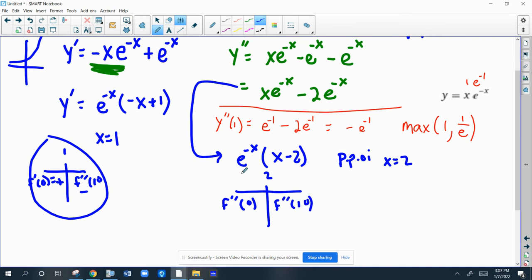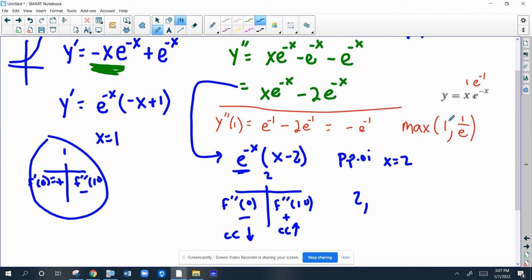If you plug 0 into this second derivative, you'll get a positive number because it's an exponential times a negative number. So that means it's concave down on the interval negative infinity to 2. If you plug in 10, you'll get e to the negative 10, which is positive, times 10 minus 2, which is positive. So it goes concave up. Since it changes concavity, 2 is a point of inflection.